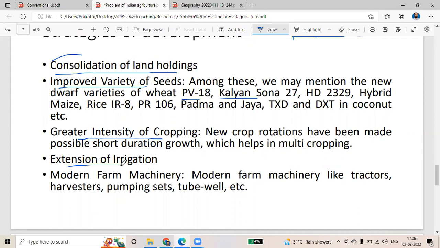If we depend mostly on irrigation facility providing water from somewhere else, and if the agriculture field gets water throughout the year, we can cultivate the crop at any time. So multiple cropping can be possible. That is the importance of extension of irrigation facility.